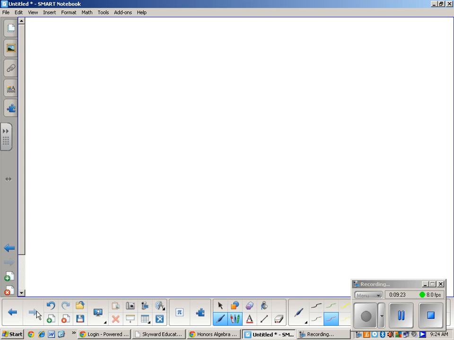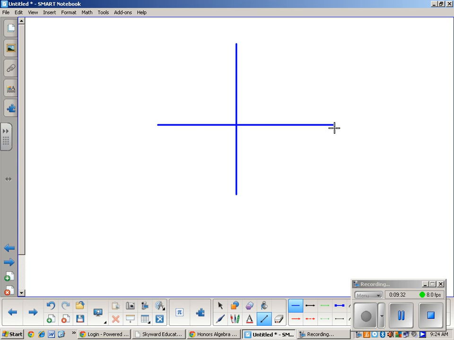Okay, let me change the page here, and we'll draw growth. And so in a growth model, it looks something like this.